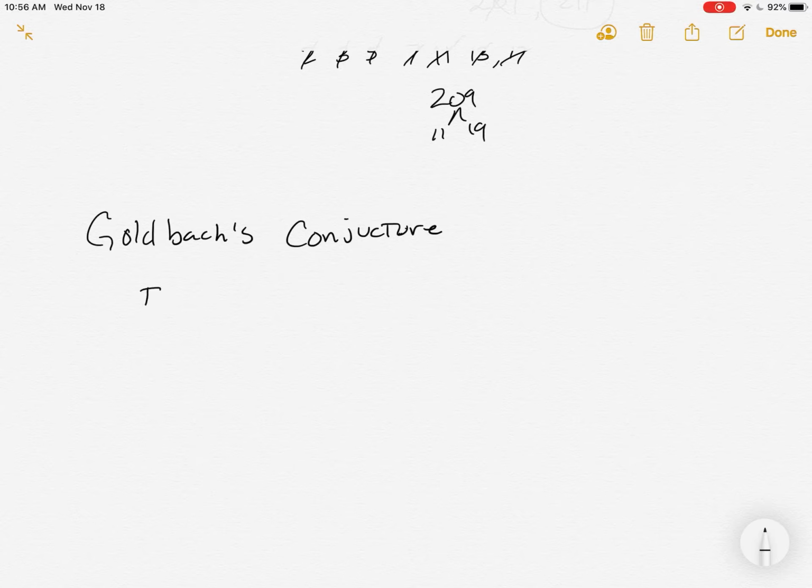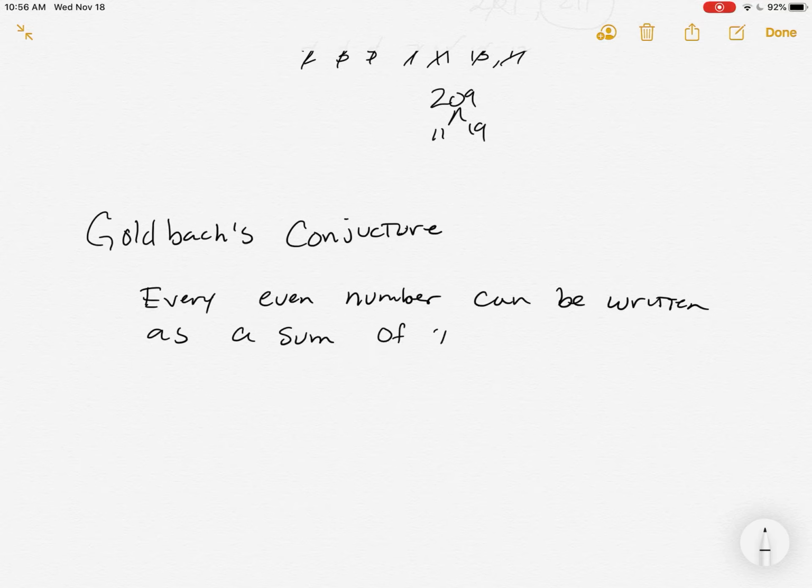And it says this: every even number can be written as a sum of two primes. So for example, if we took a number like 12, let's consider the prime numbers.